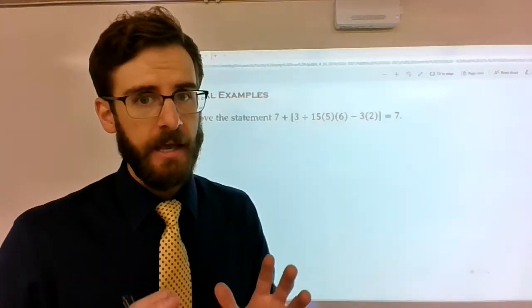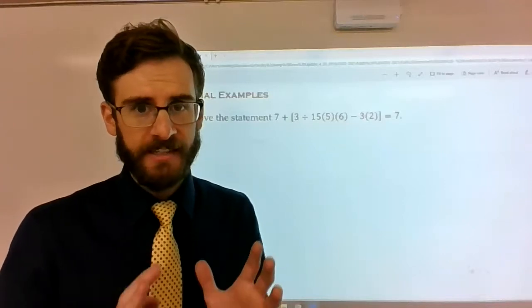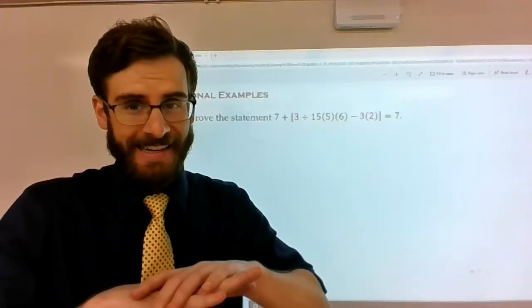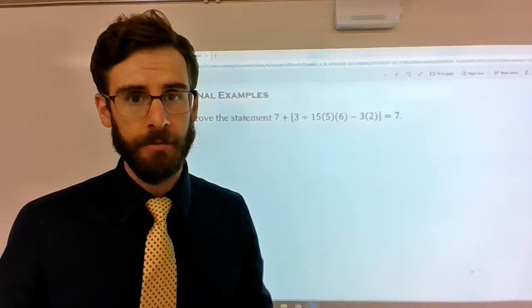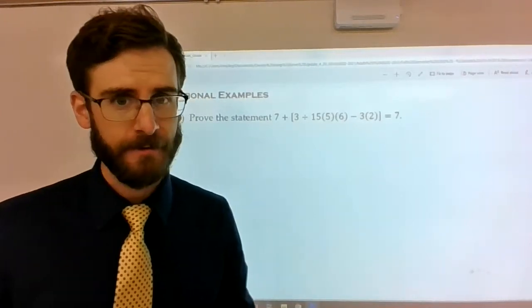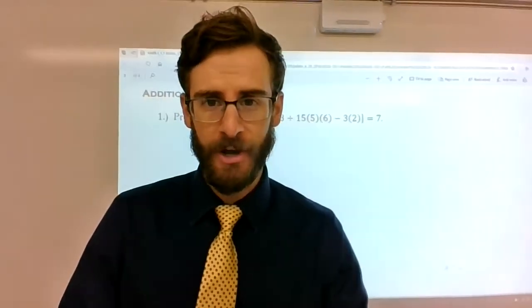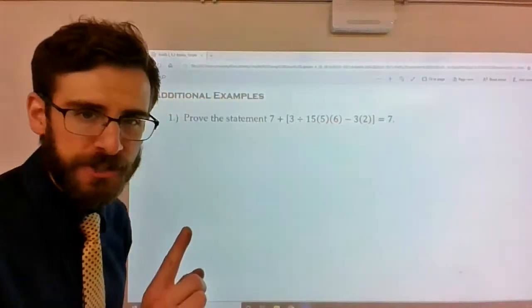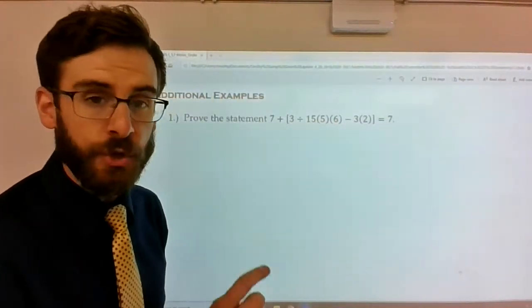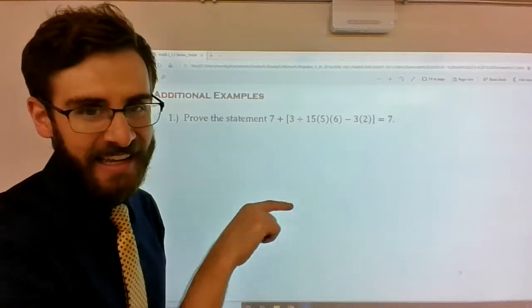So here's what a full example looks like. This is what I'm expecting on every single problem. Okay? So we've got our example. The first move that I always want you guys to make is to rewrite the left-hand side and say it's the given.